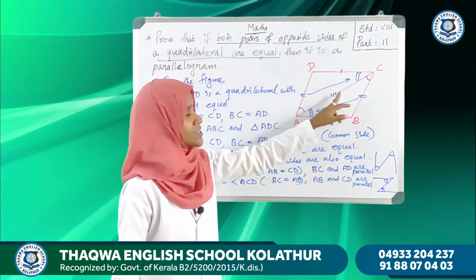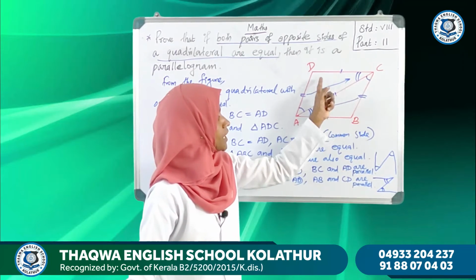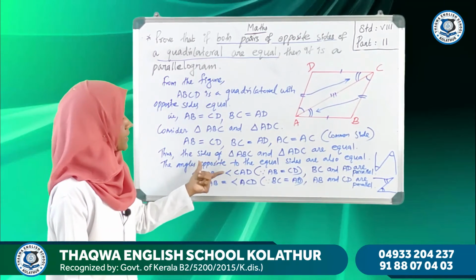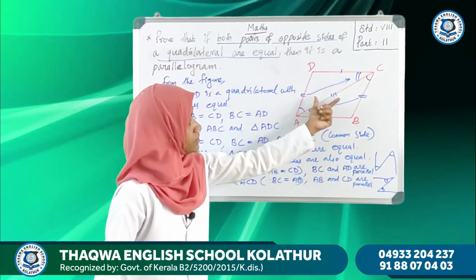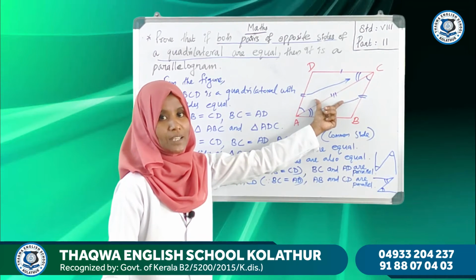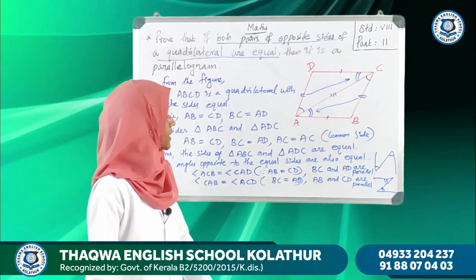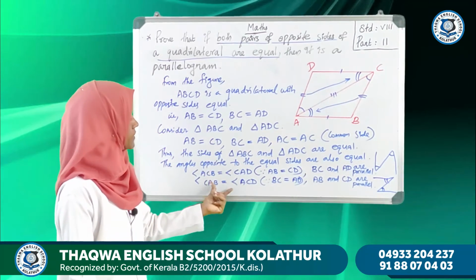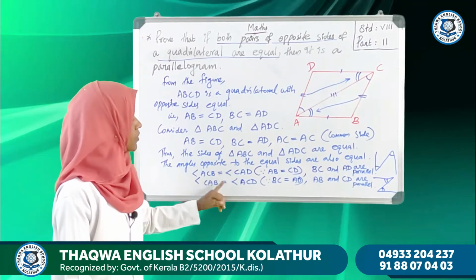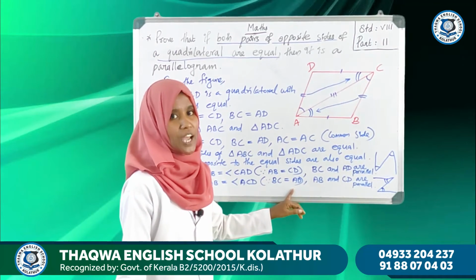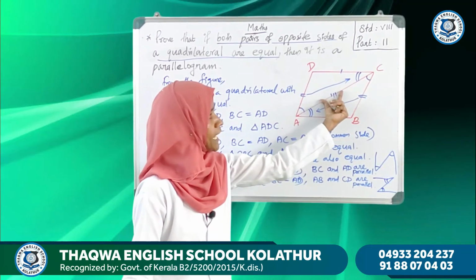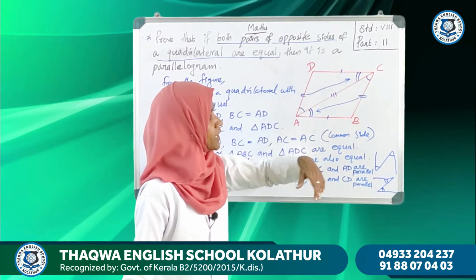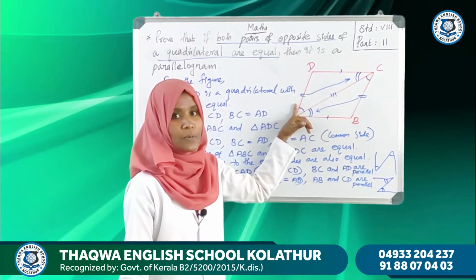The next one, AC is the diagonal, that is the common side of both the triangles, triangle ABC and triangle ACD. Now the three sides of both the triangles are equal, so we can say that the angles opposite to the equal sides are also equal. These equal angles are the alternate angles formed by the line AC meeting pairs of lines AB and CD, then similarly BC and AD.